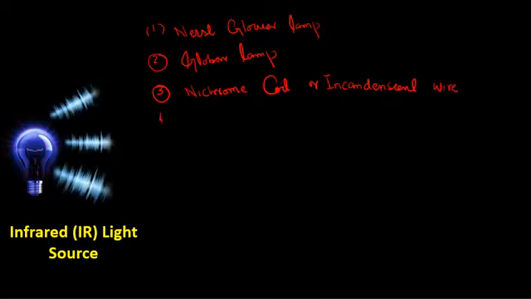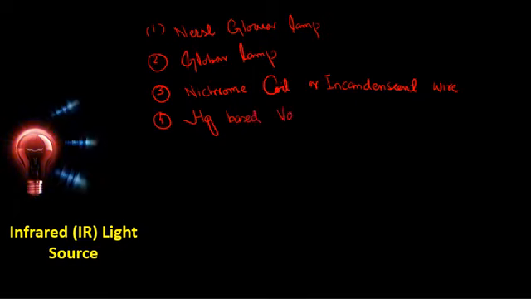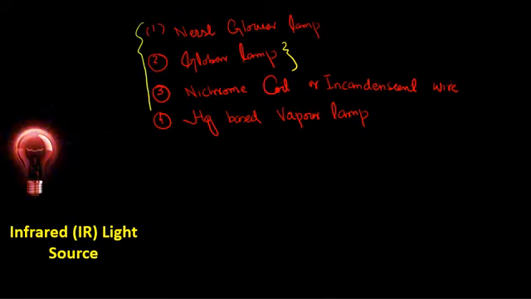The fourth type of infrared radiation source used in the IR spectroscope is known as the vacuum mercury based vapor lamps. The key point to notice here is that in the IR spectroscope, the Glover lamp is most commonly used. Let us discuss step by step all four types of IR source devices.